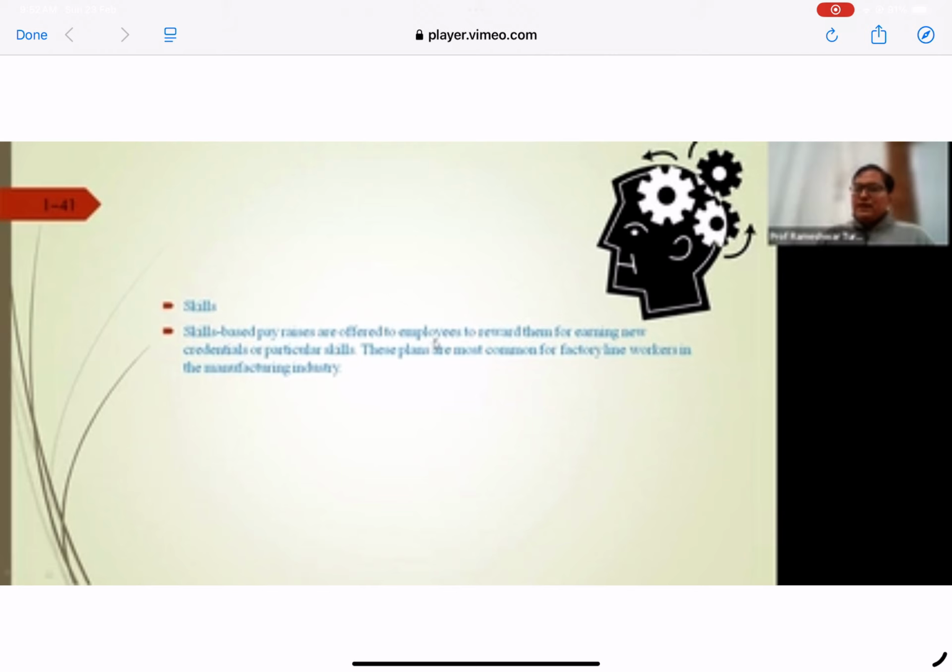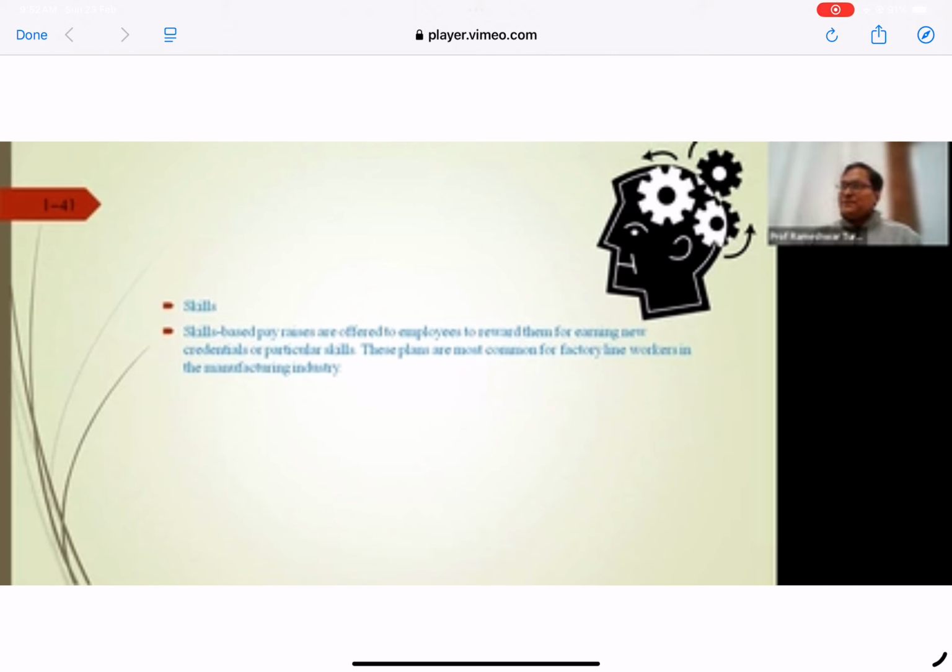Skill-based pay raises are offered to employees to reward them for earning new credentials on particular skills. These plans are most common for factory line workers in the manufacturing industry. Many IT companies and other companies which were affected by fast digitization also came up with a skill-based approach in the last 4 or 5 years. If you don't do some certificate programs to upskill yourself, there is no change in basic pay.